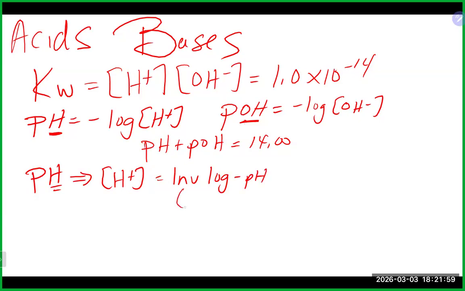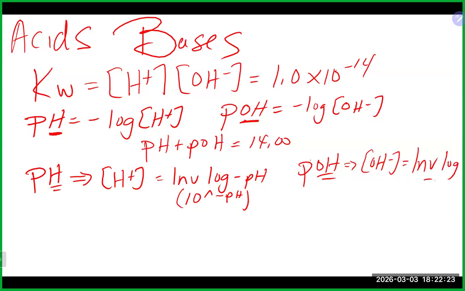Again, on most people's calculators, when you do the inverse log, which is typically the shift or second button, a 10 and a caret usually pop up, and then you want to make sure you make the pH negative. Similarly, if you're given the pOH, you could get the OH minus directly from it, which would be a pretty identical calculation: the inverse log of the negative pOH. And once again, that looks like a 10 and a caret and negative pOH.